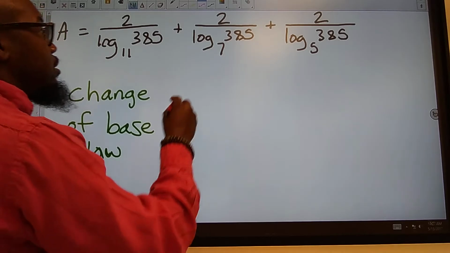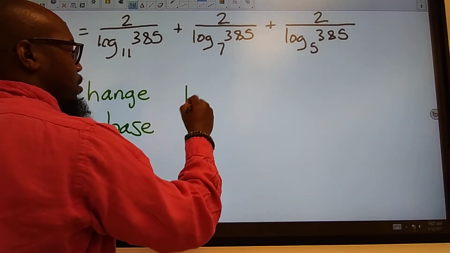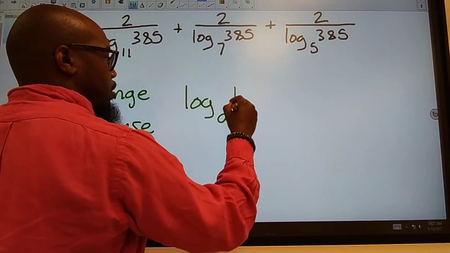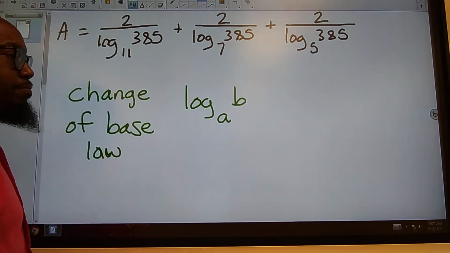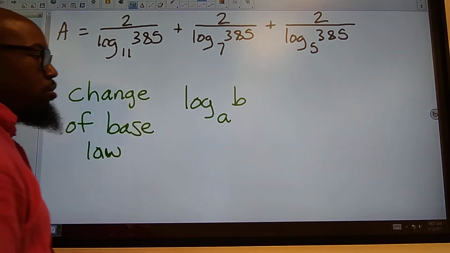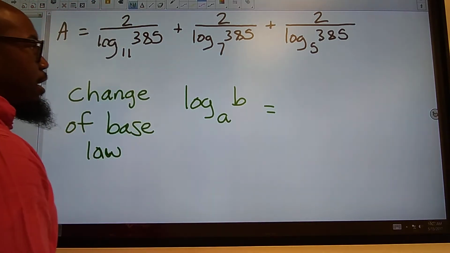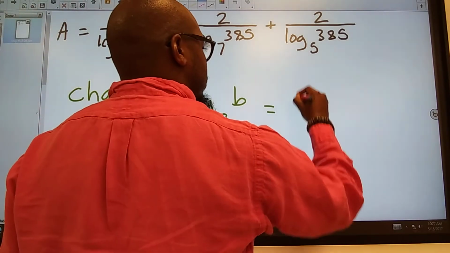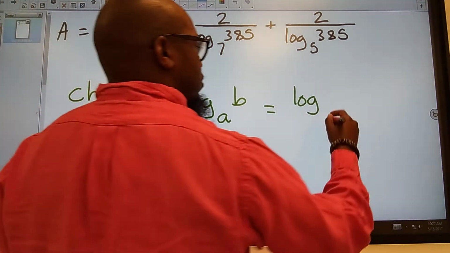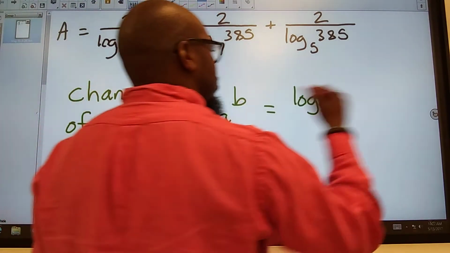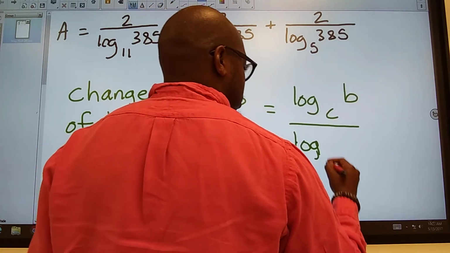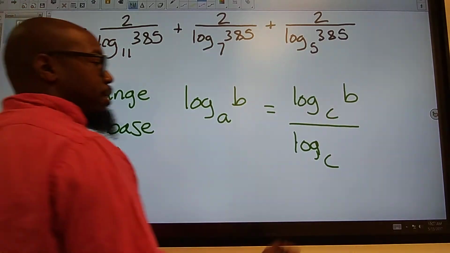What that says is that if I have log base a of b, and I want to change the actual base of it, I can have it be log base c of b divided by log base c of my original base, which is a.